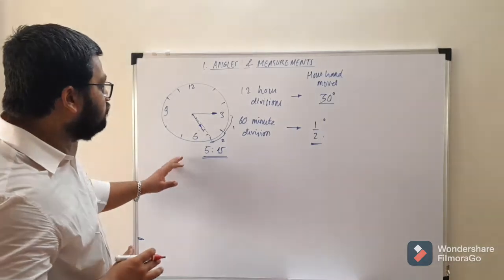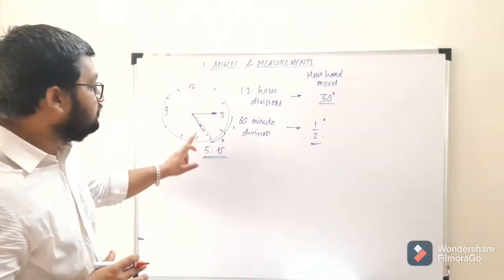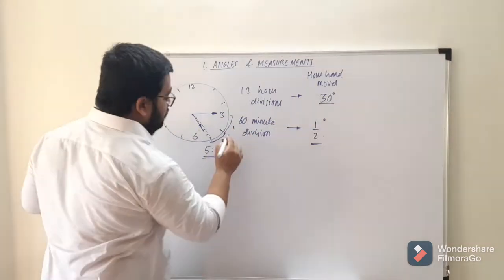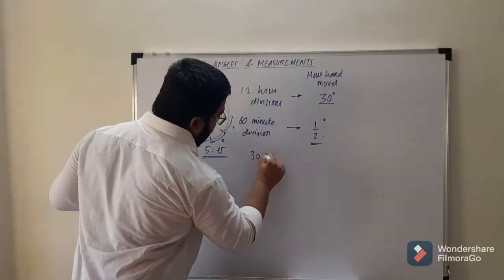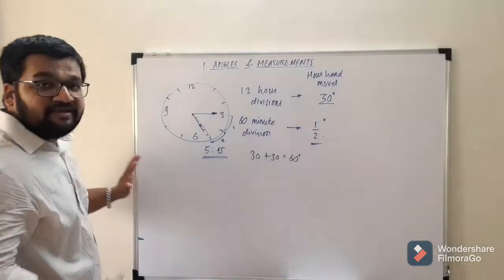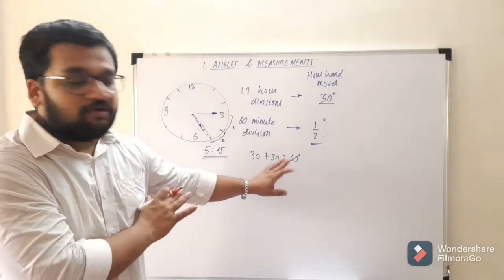This is simple, as one division is 30 degrees. So 3 to 4 and 4 to 5 is 30 plus 30, which is 60 degrees already. But the angle is something extra, so there will be something added to 60 degrees.